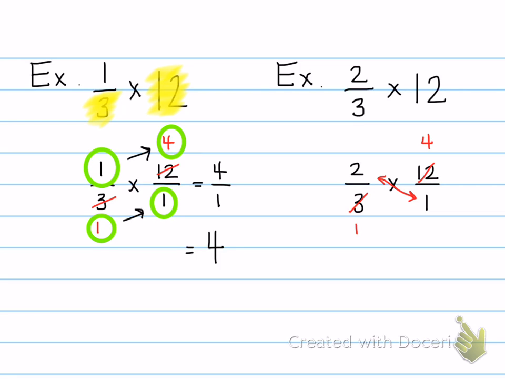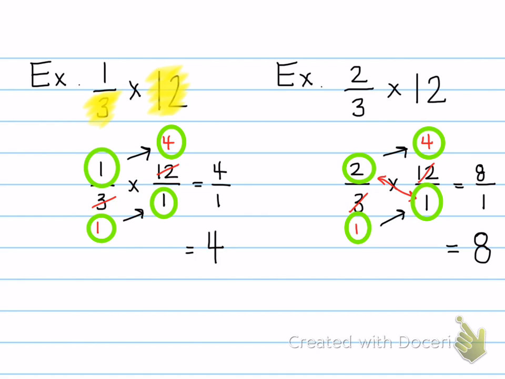I check my verticals, 2 and 1, nothing. 4 and 1, nothing. So I'm going to multiply across. 2 times 4 is 8. 1 times 1 is 1. And 8 over 1 equals 8.